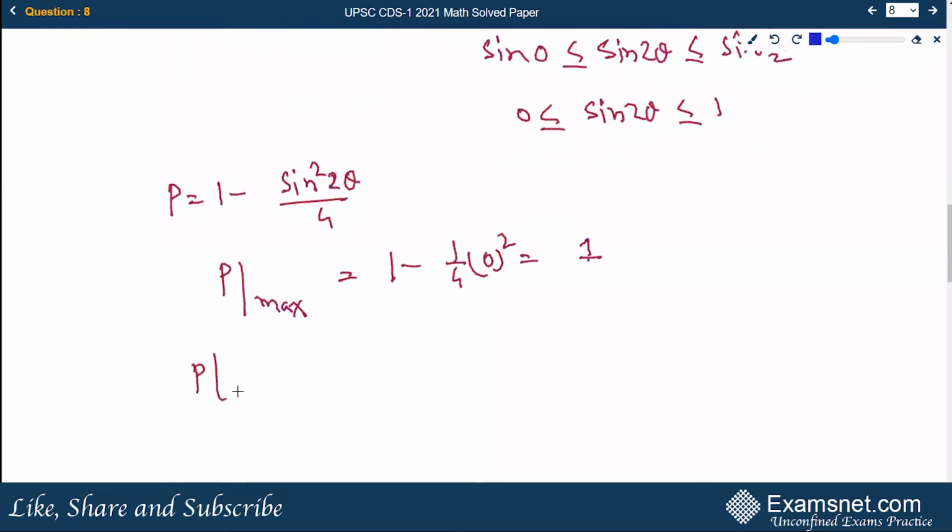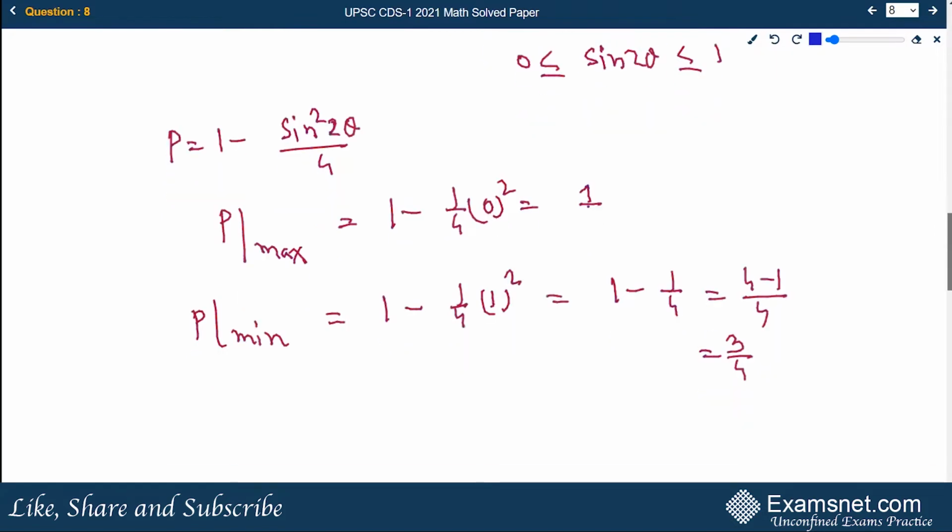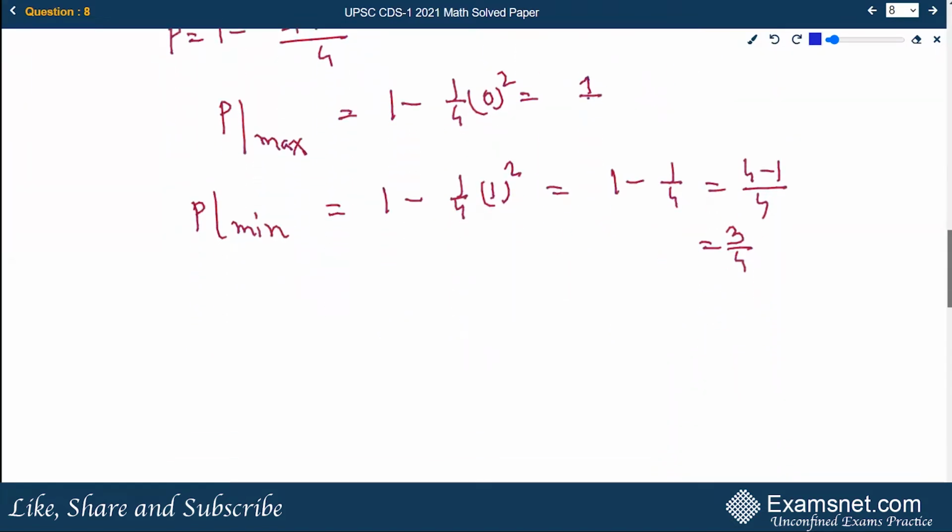And if I'm trying to find the minimum value of p, we will get it when we subtract the maximum value of sine 2 theta. 1 is the maximum value of sine 2 theta. So 1 minus 1 by 4, 1 whole square, so it becomes 4 by 4 minus 1 by 4, that is 3 by 4. So we can see the minimum value of p is 3 by 4, correct?